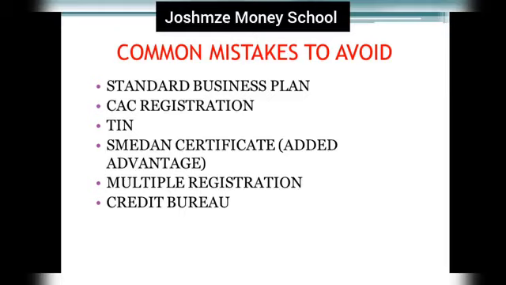This report tells whether you're owing another bank, or maybe some of these online lenders, whether you're owing anyone or not. So there are three stages, three things in a credit bureau. One, if you owe a bank and you are actively servicing that loan, you can still be given another loan in another bank.